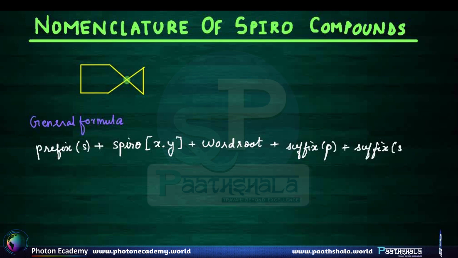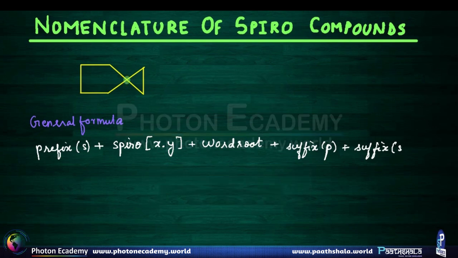The most important thing when you start naming Spiro compounds is the numbering, and numbering starts from the carbon directly attached to the bridgehead carbon, that is the common carbon. But in Spiro compounds, the case is just the reverse of bicyclo. Here we give preference to the smaller chain and not to the longer chain.